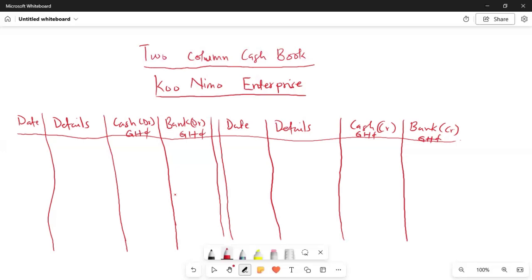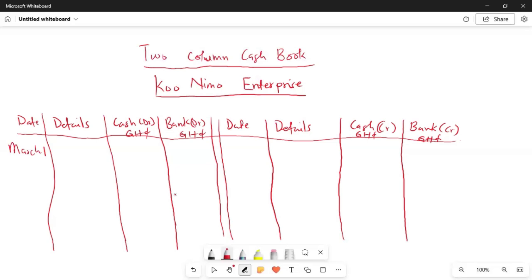So on March 1, always remember to write your date. We are going to bring this amount to the debit side because cash is an asset and bank is an asset, and all assets have debit balance. Remember that.